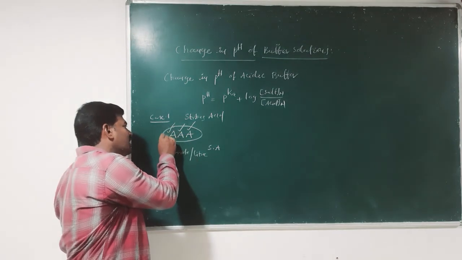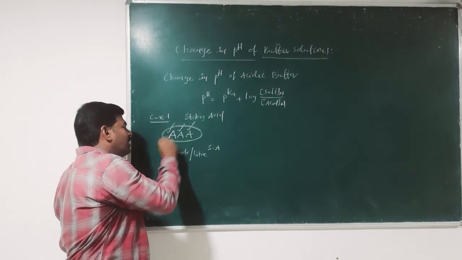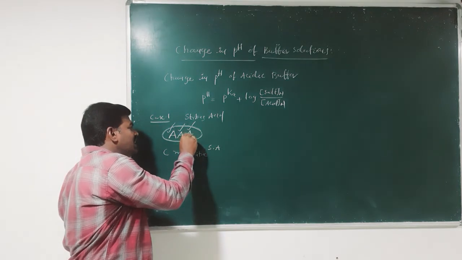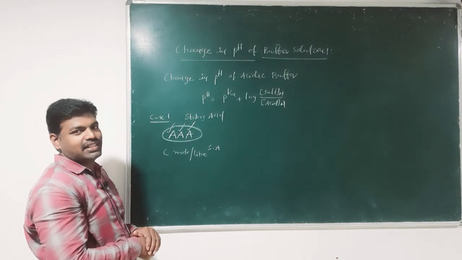From this mnemonic we can understand that for acidic buffer, if we add strong acid, that leads to the increase in the acid concentration and decrease in the salt concentration.